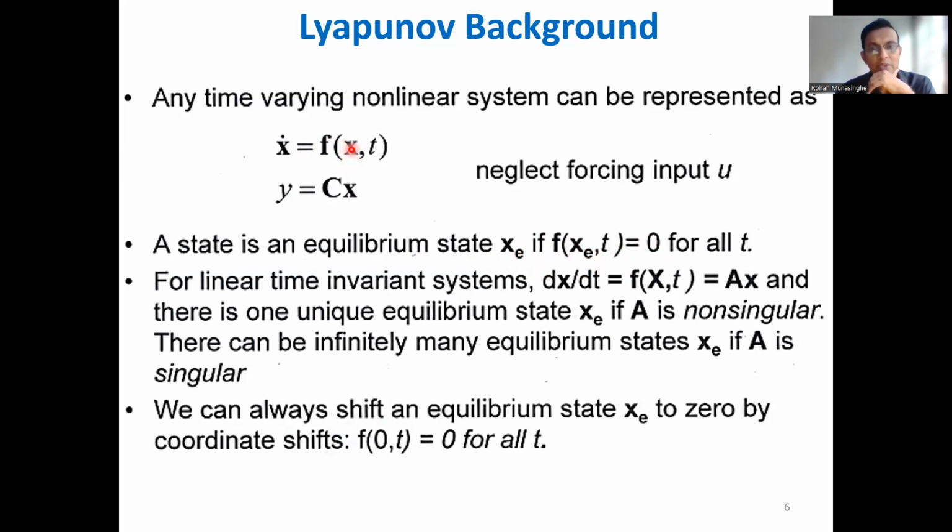So all of the rate of change of the state variables will be 0. x dot comes to 0, so state variables do not change anymore, for all t. For linear time invariant systems, you can write dx by dt equals f of x and t is Ax.